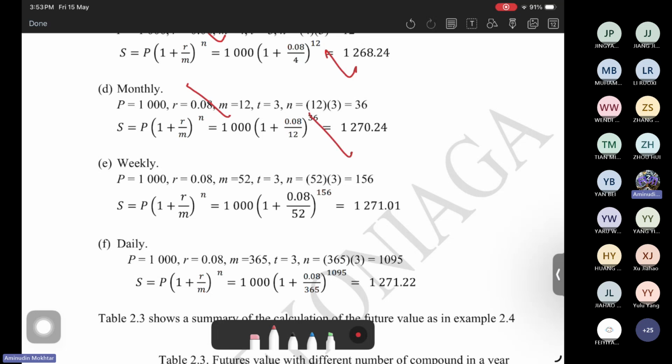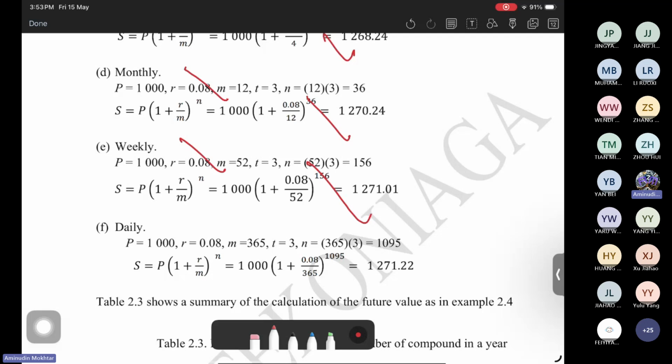The interest rate now increases. Weekly, the interest rate is also increased. And the last one is daily, M equal to 365, the future value of 1000 now becomes 1079 ringgit. That's how we can apply the future value of money based on the value of M.